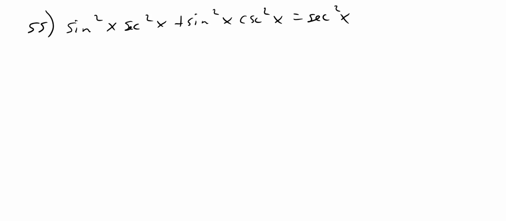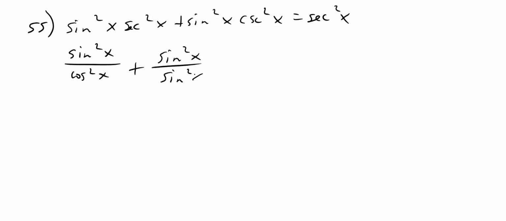Okay, well, obviously on the left-hand side, let's go to sines and cosines. So sine squared of x, and I'm going to move that secant to the bottom. That gives me cosine squared of x, plus sine squared of x, and I'm going to move this cosecant to the bottom, becomes sine squared of x. This is actually a pretty easy one. And sine over cosine is tangent, so tangent squared of x plus 1.